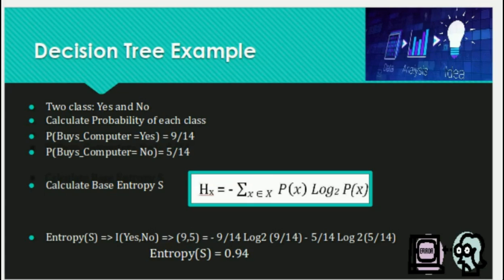In binary classification, entropy is equal to 1 if all the class labels have a probability of 50%. We are applying this knowledge to the equation. After calculation, we got entropy as 0.94.